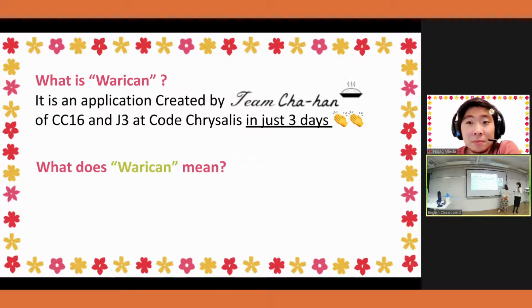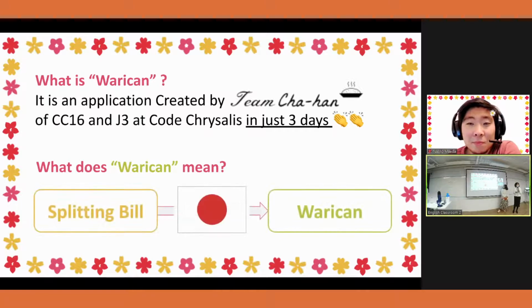The name comes from a Japanese word, warikan, which means splitting the bill. And if you look at the word very carefully, you see the last 3 letters are C-A-N. That means you can split the bill very easily without any hassle. It's true. I will tell you some features. Okay?